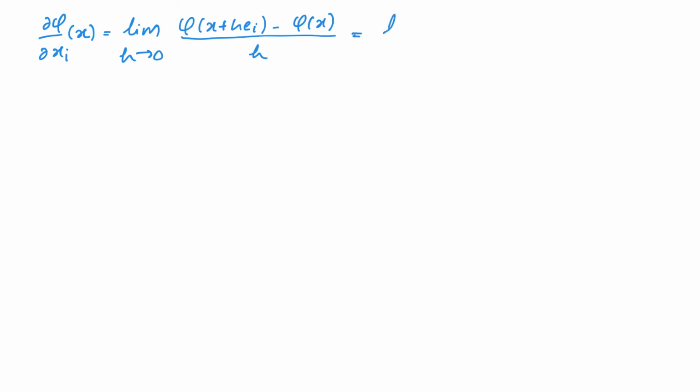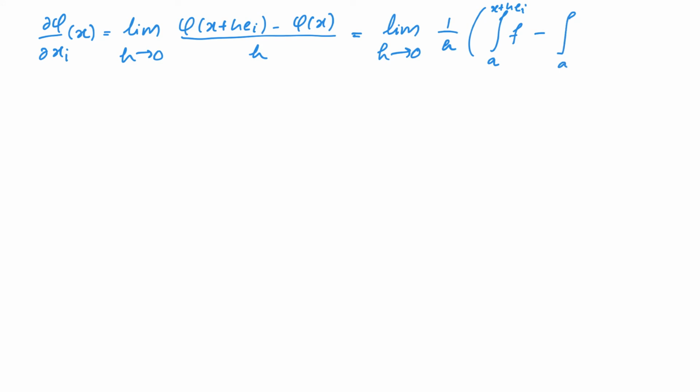From the definition of partial derivative, the ith partial derivative of phi at the point x is equal to the limit as h tends to 0 of phi of x plus h e_i minus phi of x, the whole divided by h. Further notice that phi of x plus h e_i is equal to the integral from a to x plus h e_i of f, and similarly phi of x is equal to the integral from a to x of f.